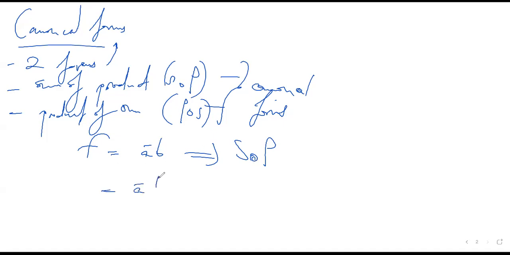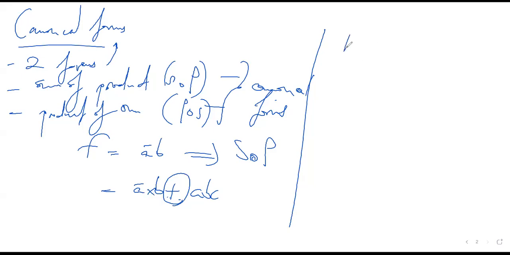A much clearer example is another function, a bar b plus a b c. This is a perfect example of a sum of products canonical form.